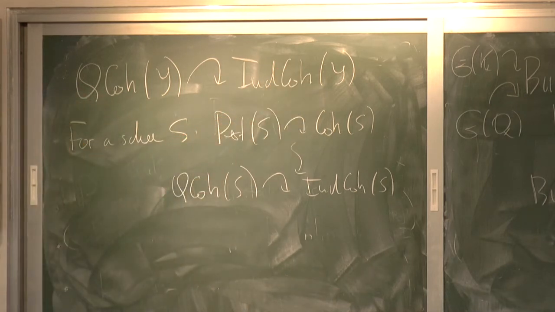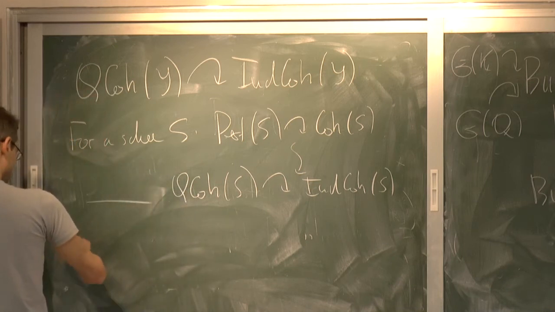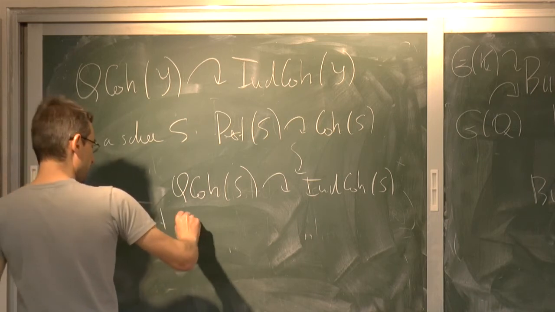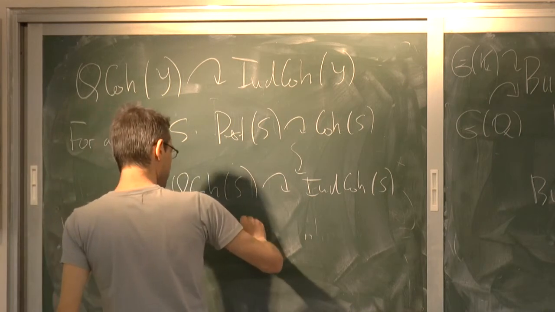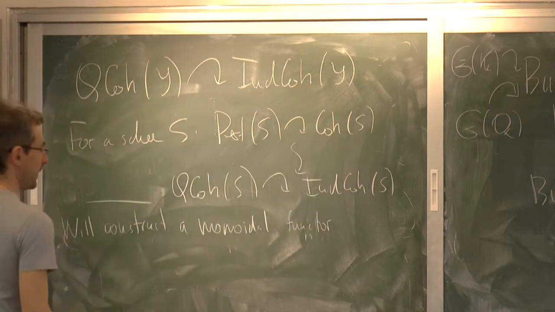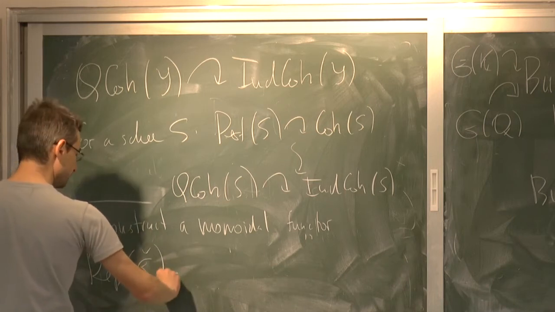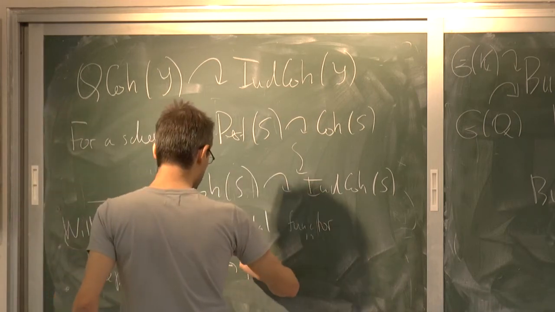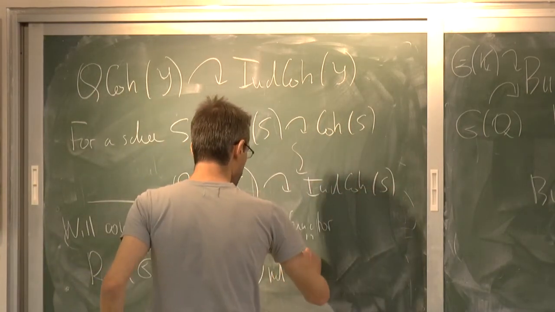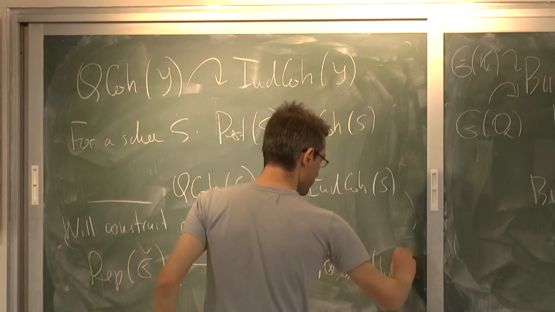So in light of this, in order to define this action, it will suffice for me to construct a monoidal functor from Rep G check^I to this tensor product: D modules on X^I times quasi-coherent sheaves on local systems.